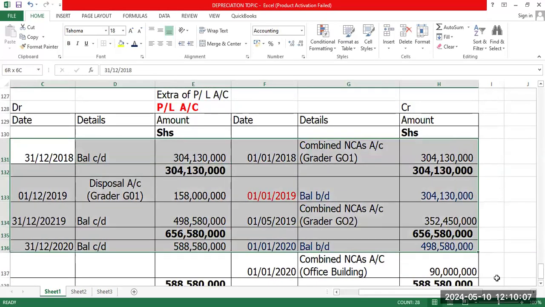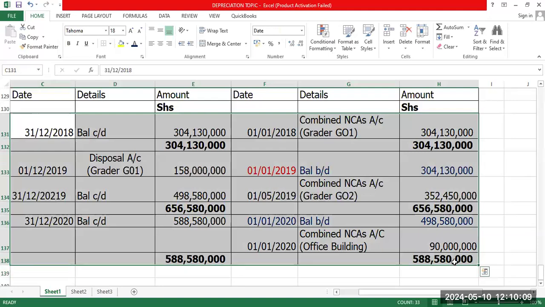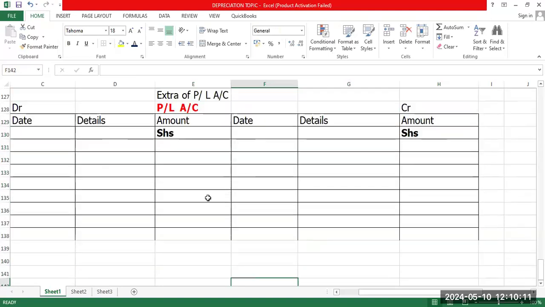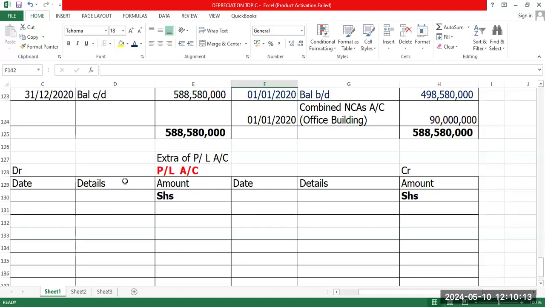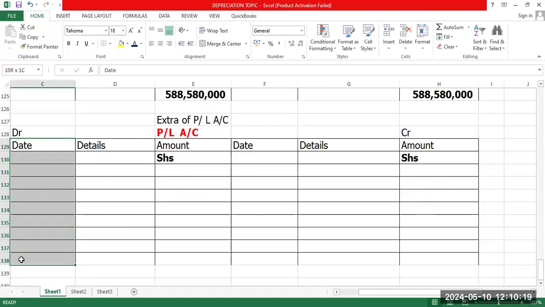Then you remove this. So we are preparing a profit or loss extract. This is just an extract. You don't need to put the debit column also. This is not necessary. We all know when we are preparing a profit or loss account, there's no need of putting dates.